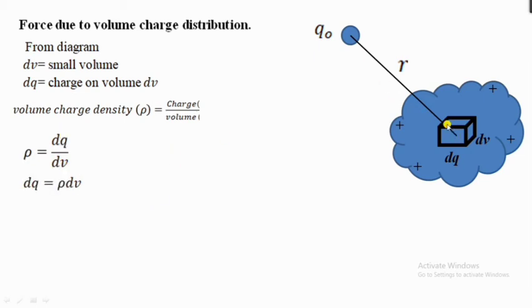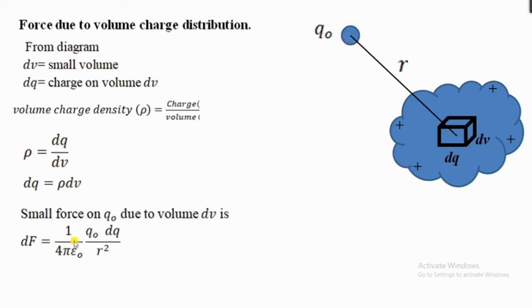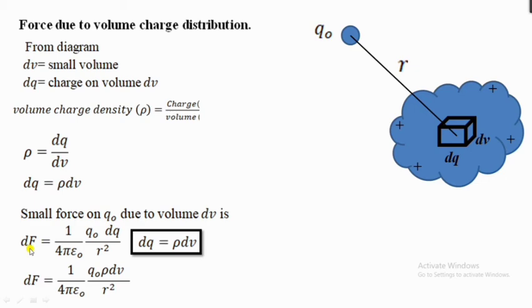Now the small force due to this dq on q naught will be given by this expression, and df means small force. If we put the value of dq here, then we get df is equal to this expression, and this is the force on this q naught due to dq. If we wish to find the force due to the entire volume charge distribution, then I have to add all the small forces due to all the volumes dv present in this distribution.